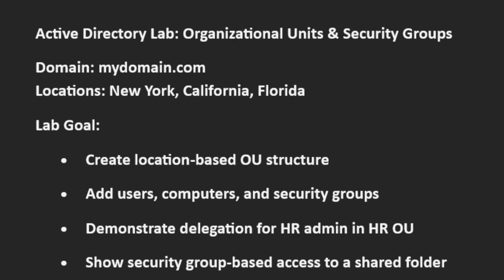They won't have access to touch a single thing in the IT department or any other OU. The second thing we'll be covering is access control. We'll wrap things up by setting up a shared network resource and using a dedicated security group to lock it down. We'll prove that only the right users can access that shared folder.